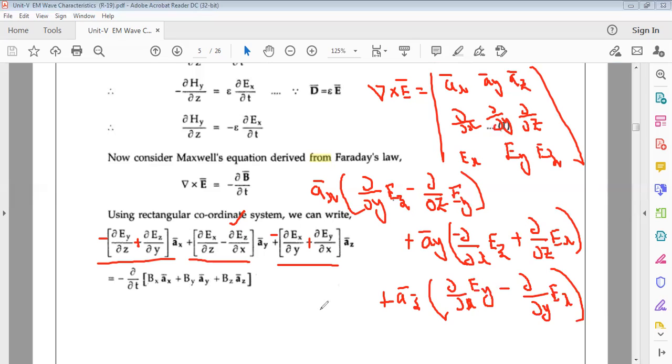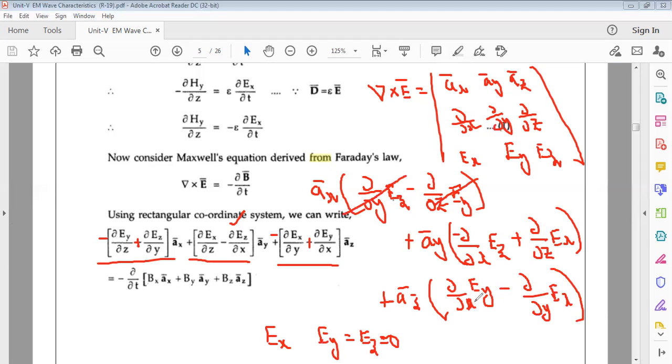The first condition you can apply here because E is in the x direction, so Ey and Ez are equal to 0. So wherever Ey is there, that is a 0.